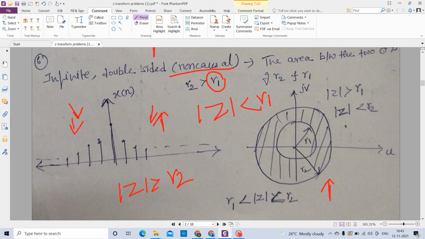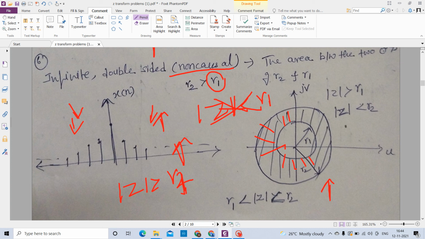The first one is the magnitude of z greater than r1. This is a right hand sequence, so the region of convergence occupies the outside of the circle of radius r1, because the magnitude of z is greater than r1.